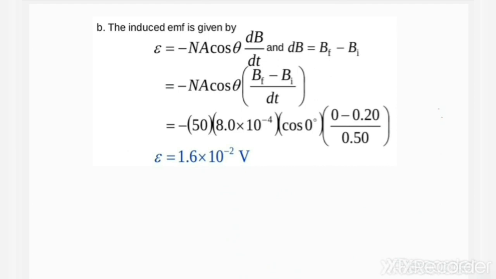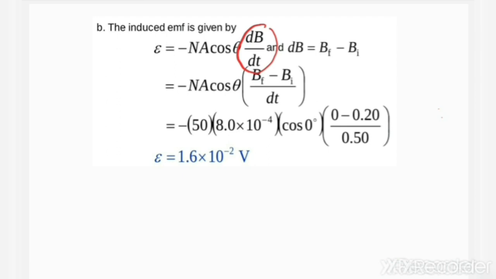Question B. We have to calculate the induced EMF in the coil. First, we have to consider the quantity that changes in this question. The question already states that the magnetic field is reduced from 0.20 Tesla to 0. So, we know that the change is based on the magnetic field.